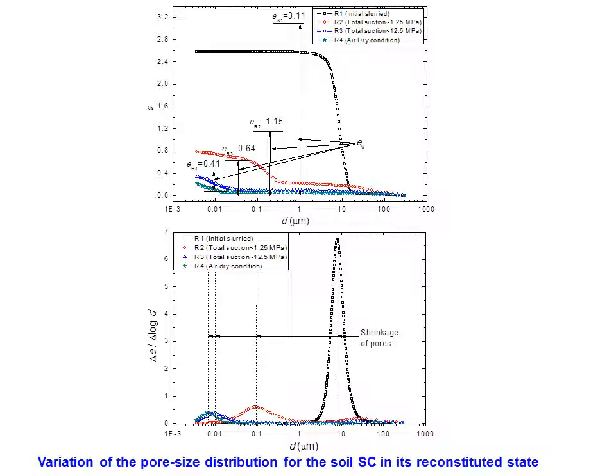Now if we superimpose the water ratio on the cumulative pore size distribution curve, what we observe is the water ratio is almost the same as the macroscopic void ratio for samples R1, R2 and R3, which represent the initial slurried and the intermediate stages of drying, whereas for sample R4, which represents the air dry condition of the sample, the value of the water ratio superimposed on the pore size distribution curve intersects the curve at 0.012 micron.